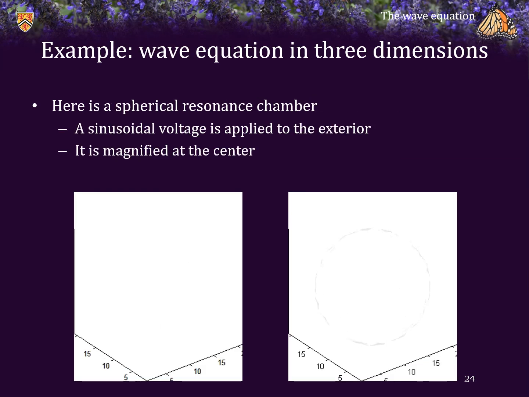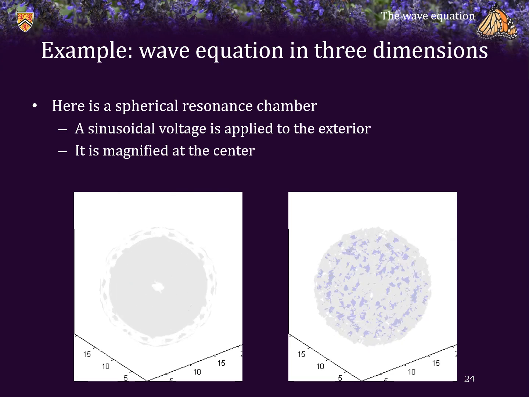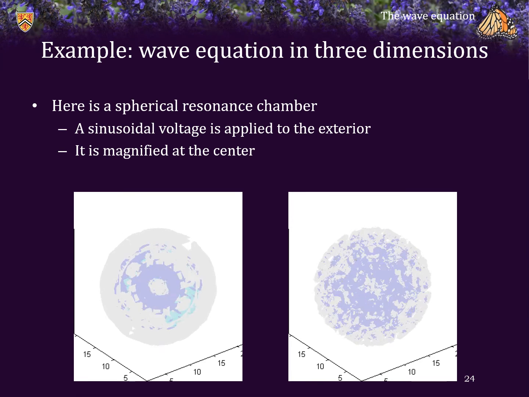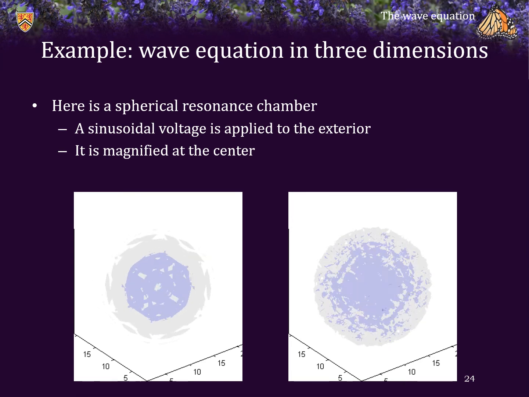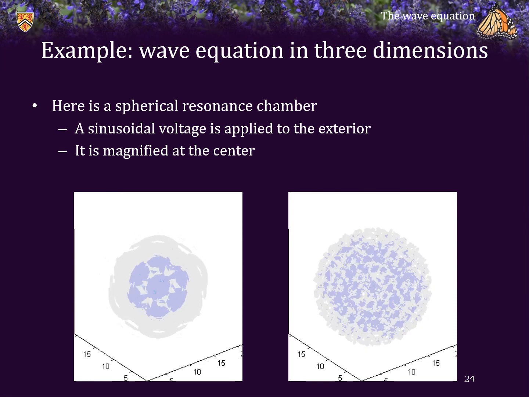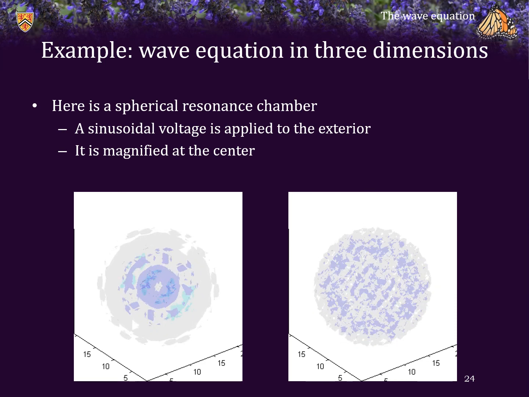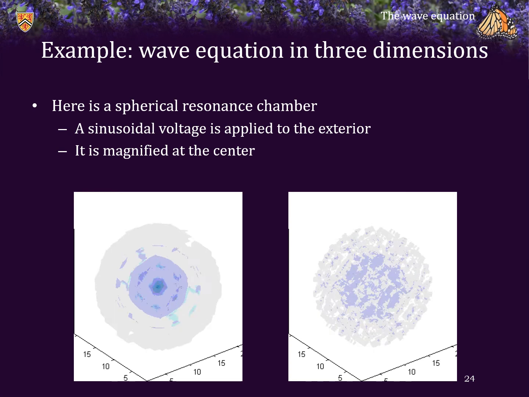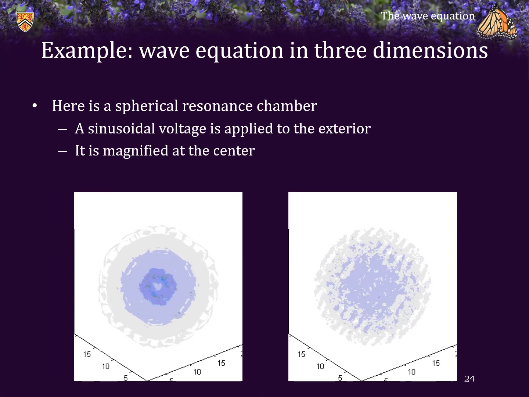Now here's a simulation of a resonance chamber. For those of you getting into radio frequencies and antennas, this should be interesting. A resonance chamber is a spherical, metallic, hollow item to which you apply a voltage to the exterior.